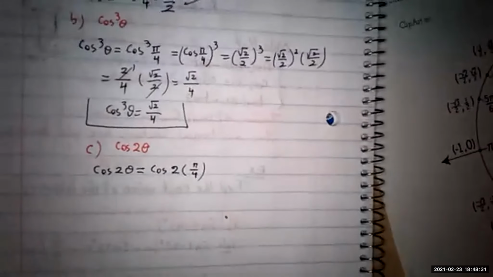Theta is negative pi/4, so it's going to be cosine of negative pi/4. And this is the same as the cosine of pi/4, and the cosine of pi/4 is radical 2 over 2. I knew that. So we take care of that negative part first, and then we get the answer.